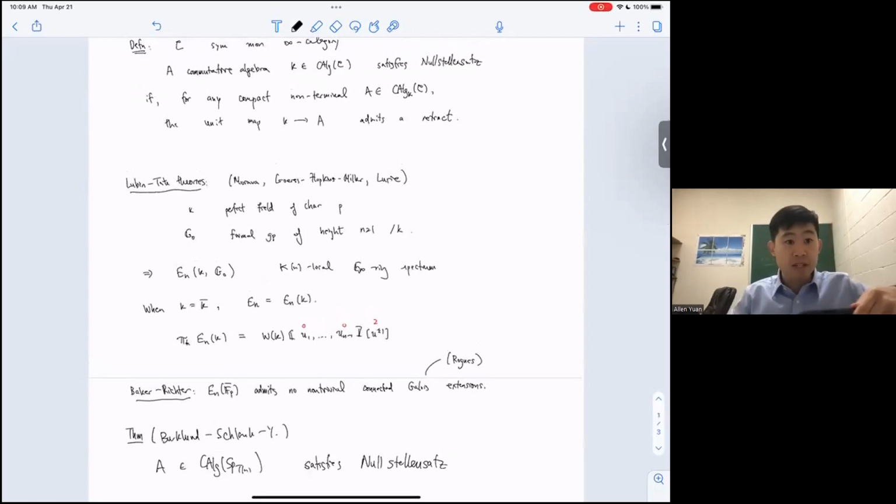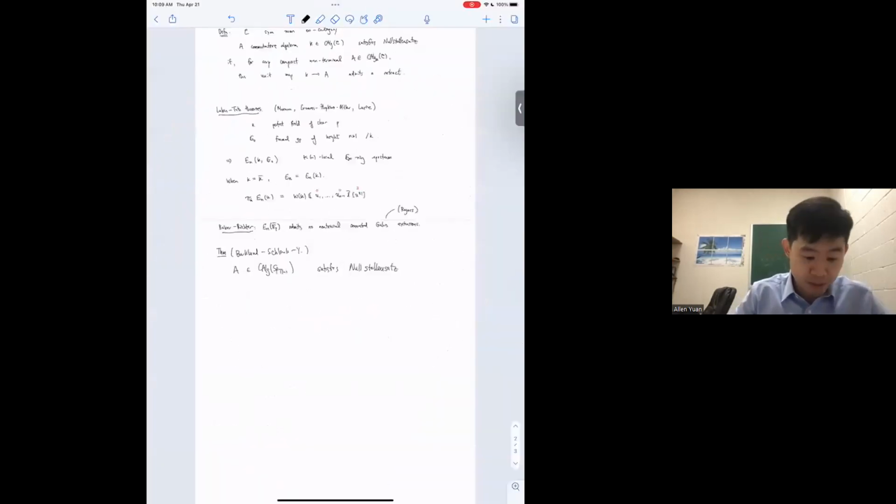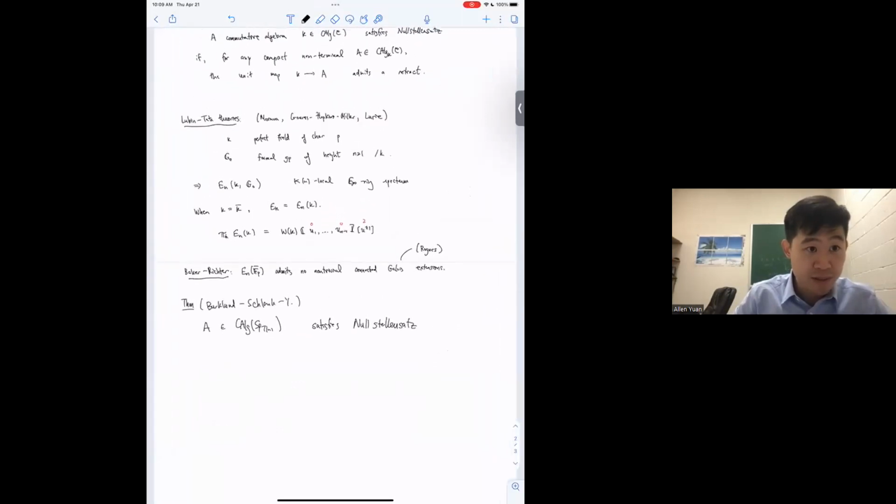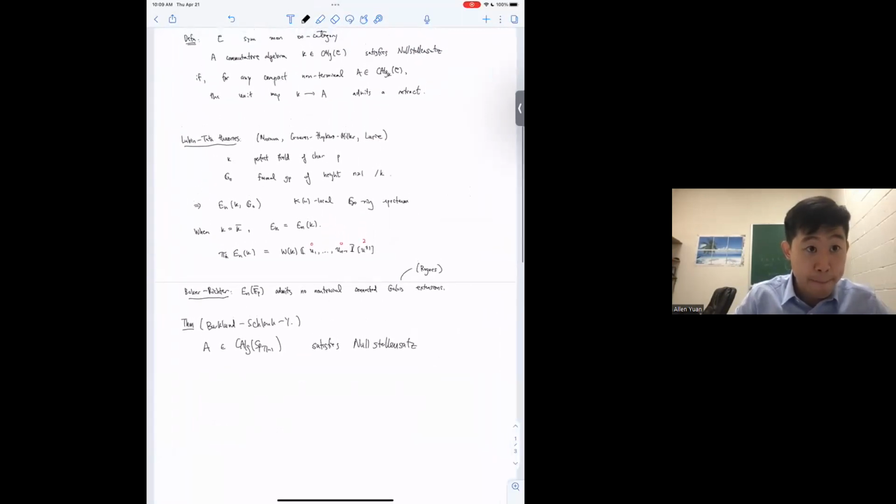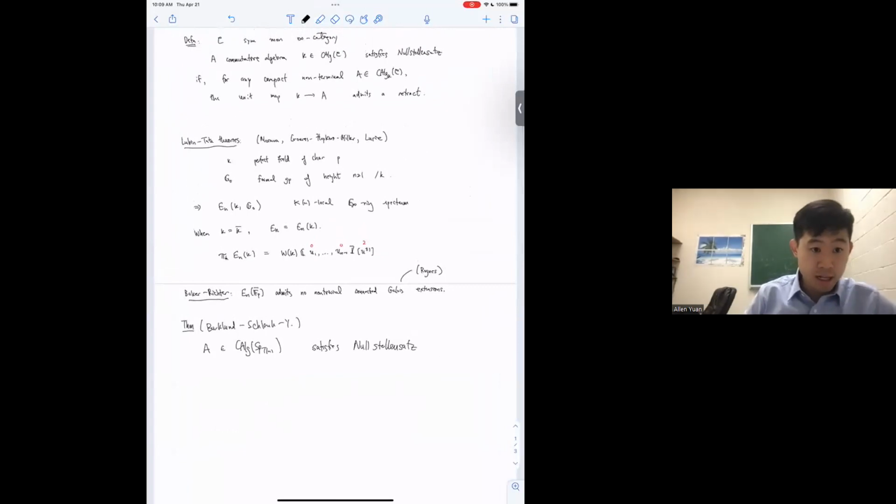Sorry, I'm going to switch this orientation so maybe more is visible. Please let me know if things get too small. So an algebra satisfies Null-Stellensatz if and only if that algebra is equivalent to E of L for some algebraically closed field L.